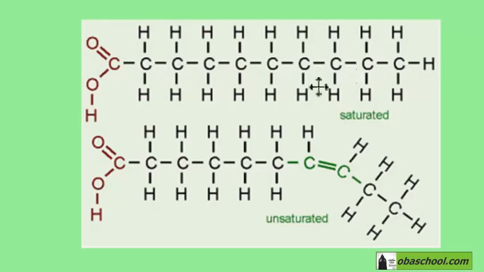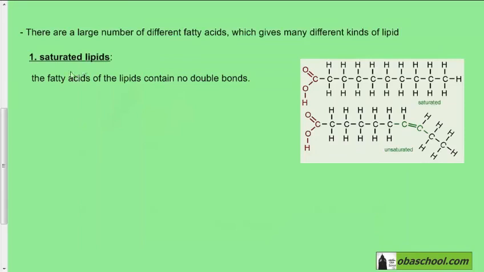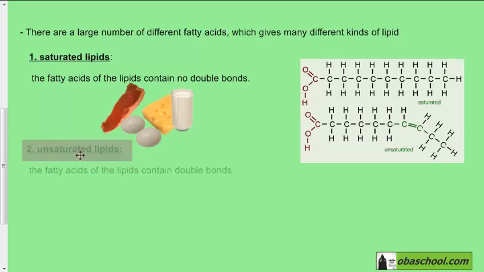There is no double bond between carbon and carbon in the saturated lipids. And these saturated lipids are found in, for example, the meat, the cheese, the eggs, and the milk. So these saturated lipids come from animal sources.